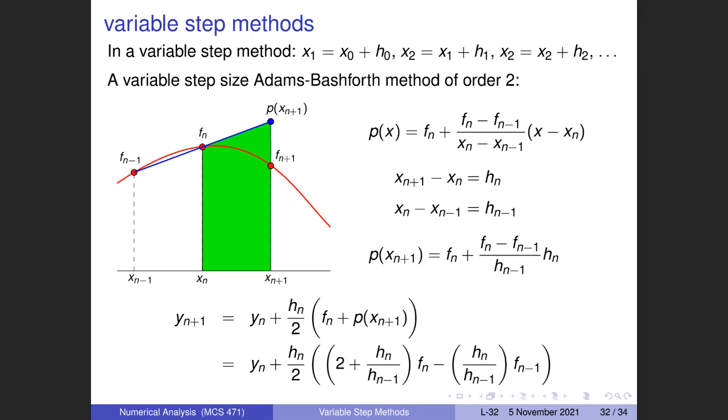We have an hn and an hn minus 1. These two interval sizes, so these two step sizes, also appear in the formula. And you can see that if hn equals hn minus 1, like on the picture that I have recycled, then we have the coefficients 3 and -1 in the Adams-Bashforth method of order 2.